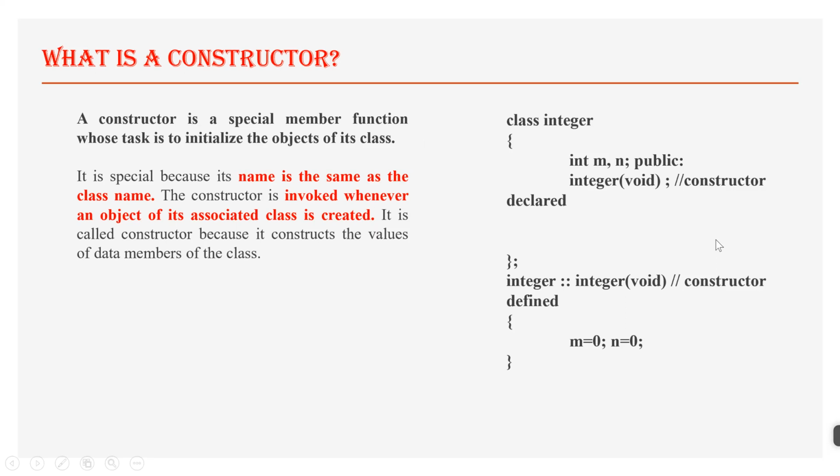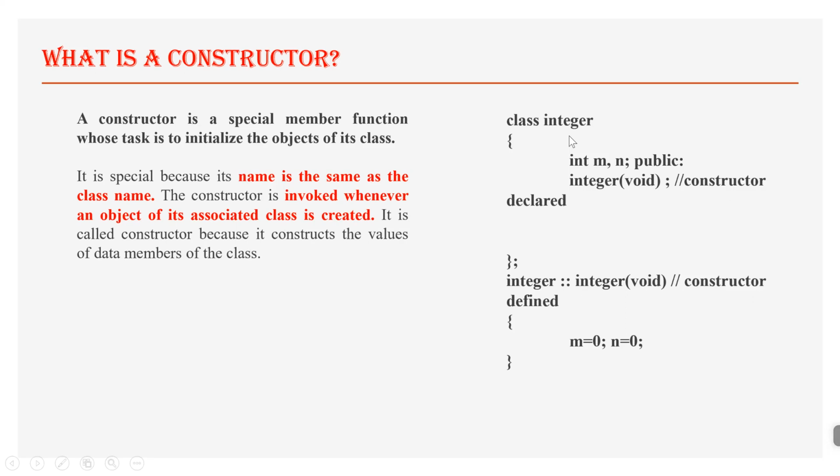In this case, the values will be initialized to 0 and 0. So the moment an object of type Integer is declared, it will have the values 0 and 0. An important point to remember here is that a constructor must be defined with the name of the class. So this is the total gist of this particular slide.